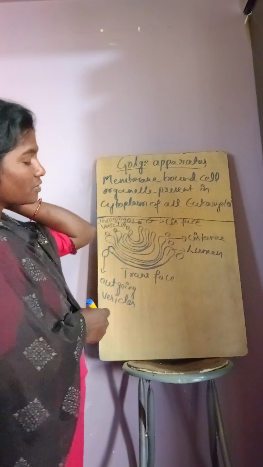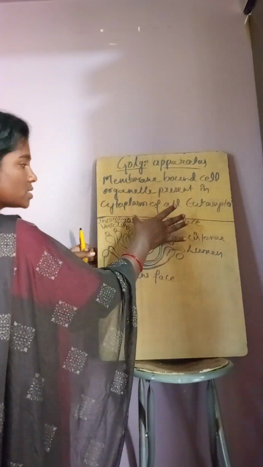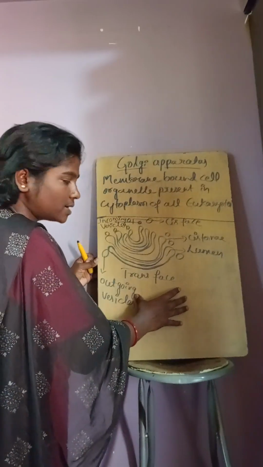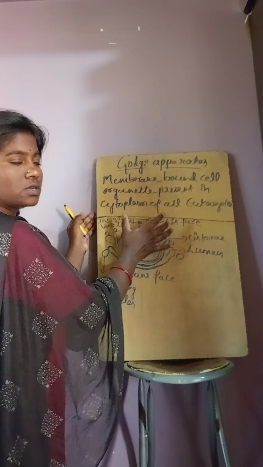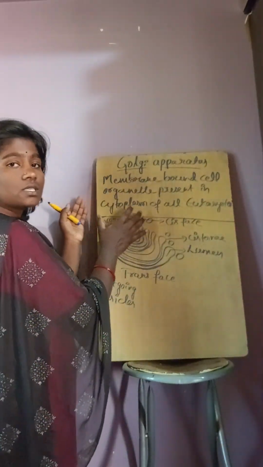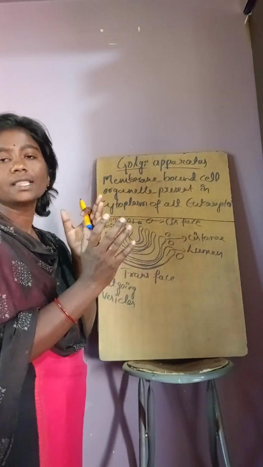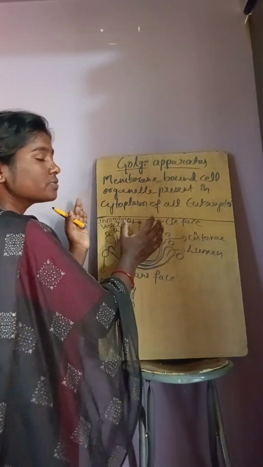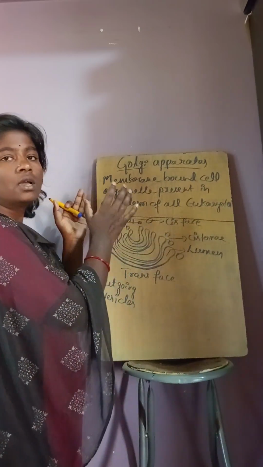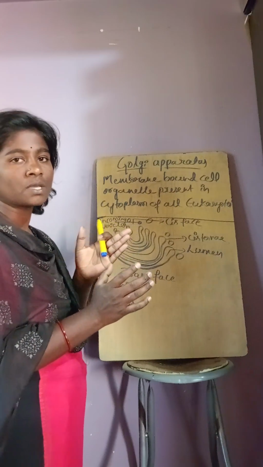Now we will see the functions. Here we can observe two faces, the cis face and the trans face. The vesicles are made up of carbohydrates, proteins, lipids, and other nutrients. Those vesicles come from one of the membrane-bound cell organelles, the endoplasmic reticulum.